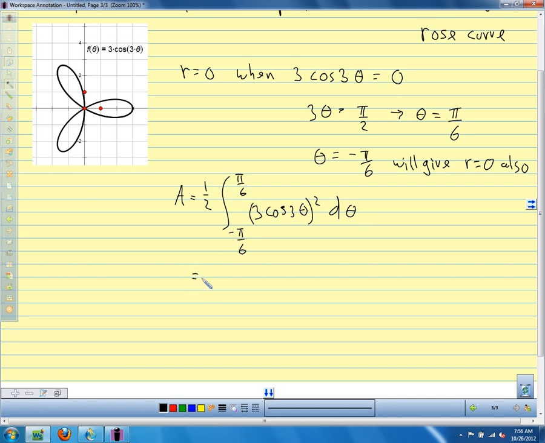And that equals 9/2 our integral of cosine squared 3 theta.